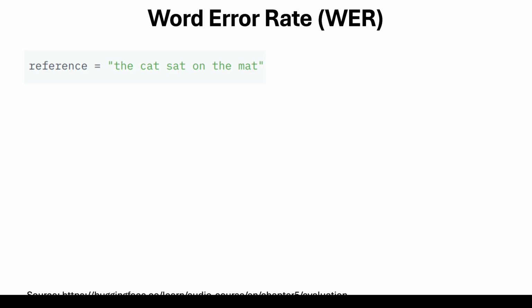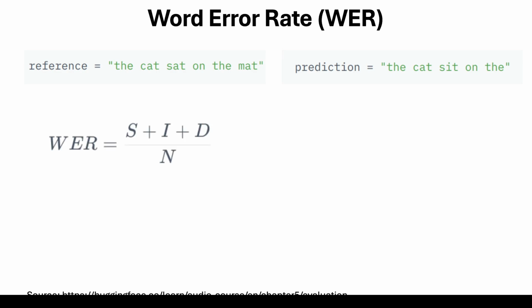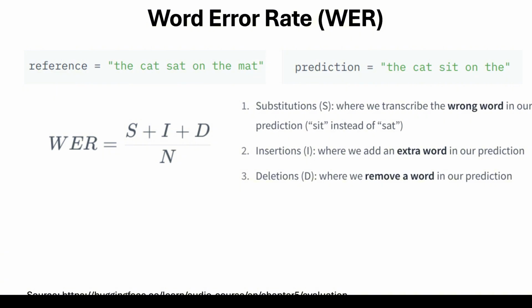Say our reference sentence is "the cat sat on the mat", and the model predicts "the cat sit on the". Clearly, this prediction isn't perfect. So here the WER is calculated as (S + I + D) / N, where S is the substitutions, I is the insertions or extra words in the prediction, D is the deletions or missing words, and N refers to the total words in the reference sentence.